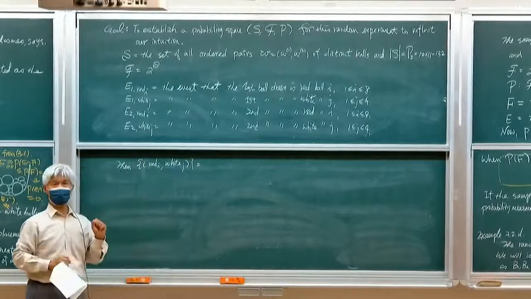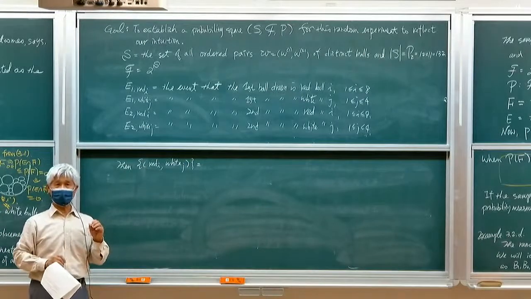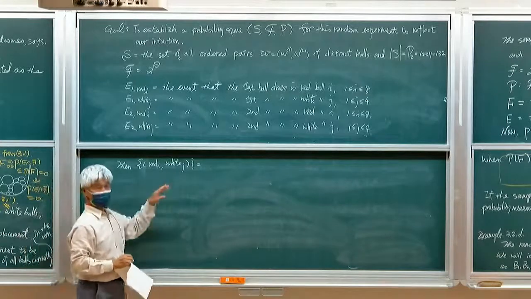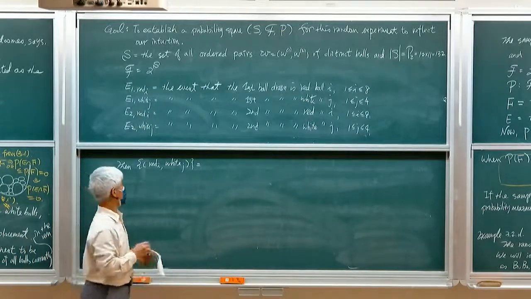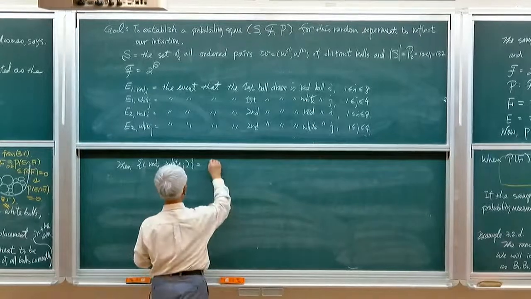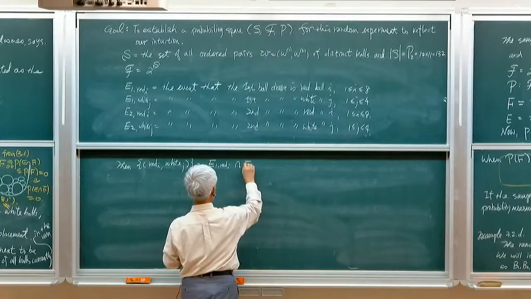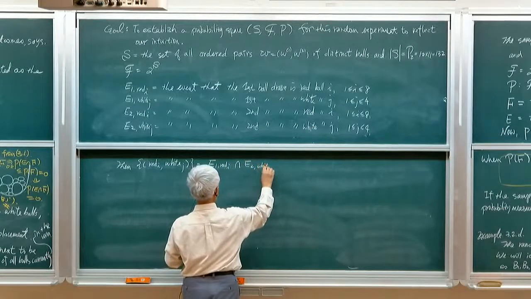So the first ball drawn is the red I. The second ball drawn is white J. All right. So that is E1 red I intersect E2 white J.